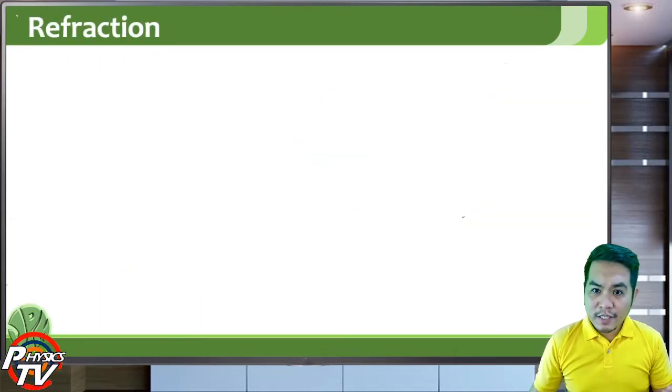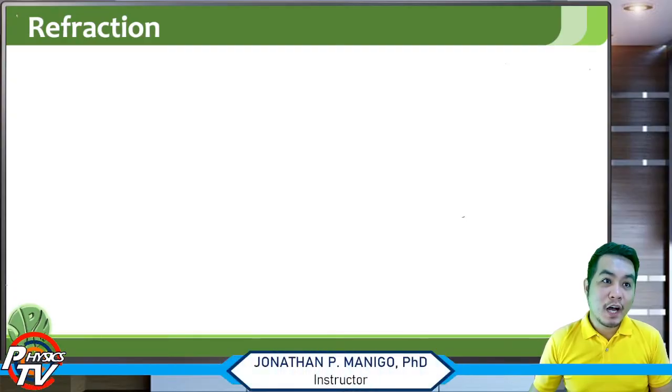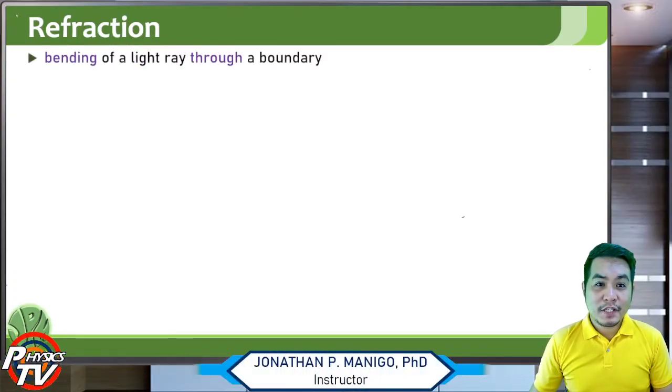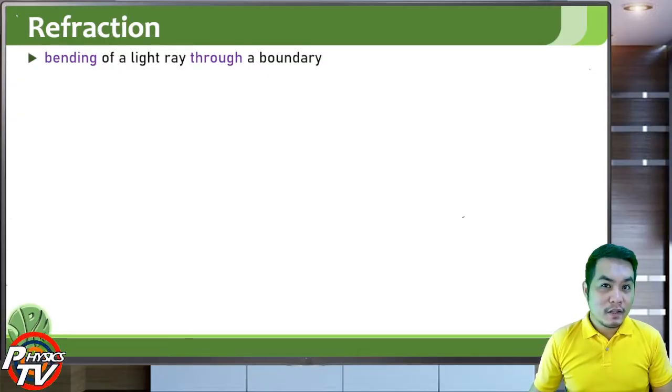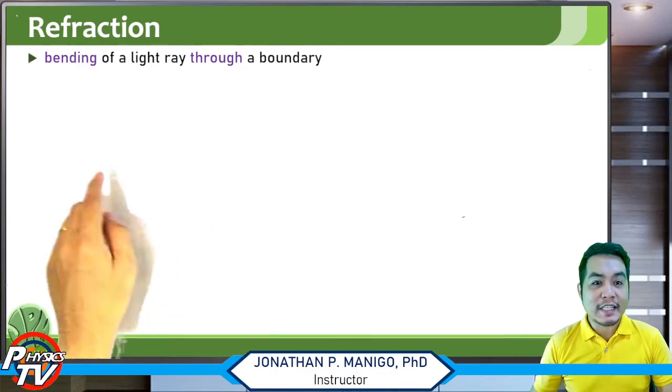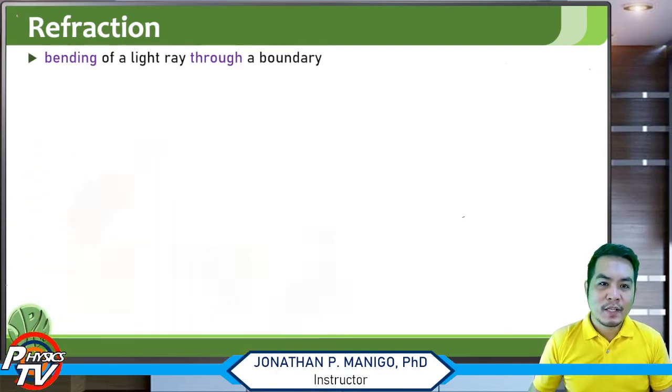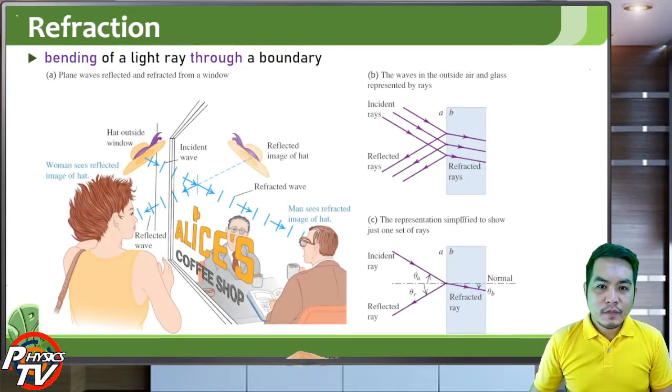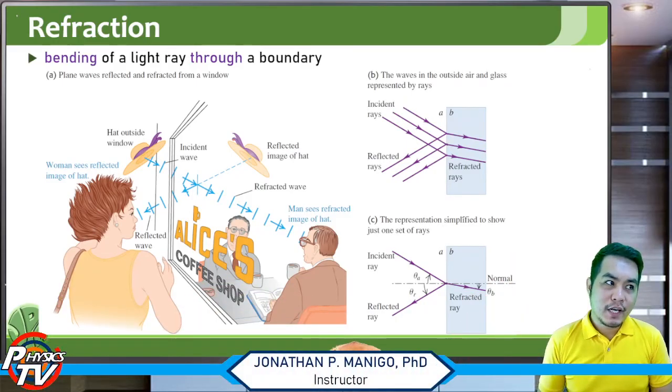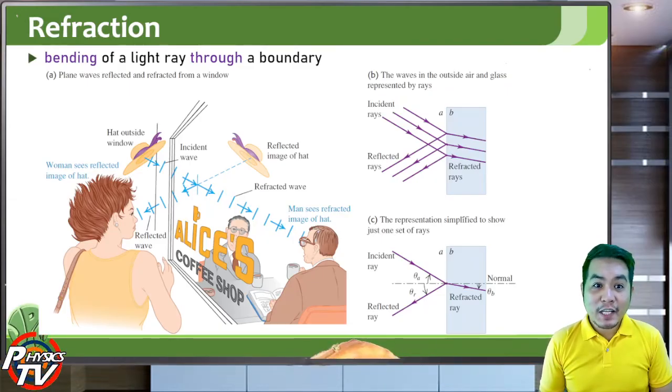Now let's go to the second basic optical phenomenon, refraction. Refraction is bending of a light ray, but instead of bending back, it passes through a boundary, but it still bends. In general, a boundary can actually reflect and refract light.